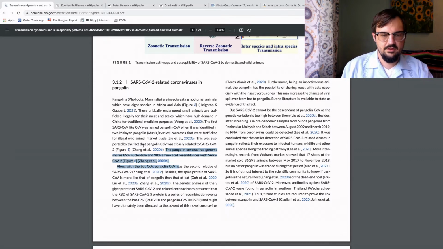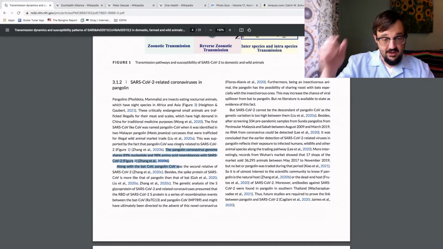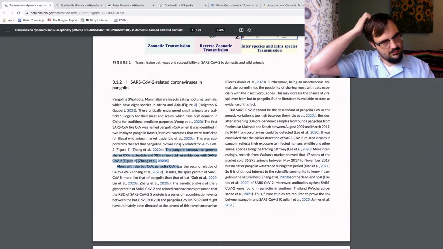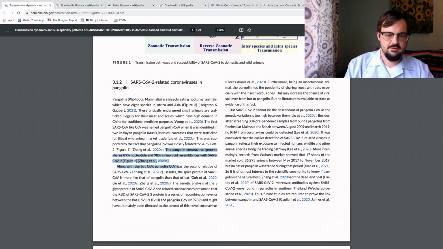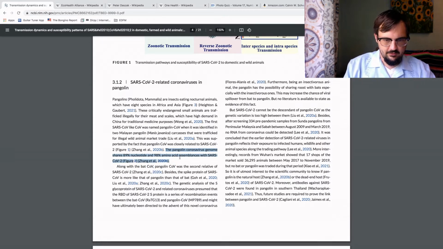Okay, so this is what the claim rests on, the fact that the genome is similar. They're not even saying that they get sick. They're not even saying that someone ate a pangolin and got sick. It's all based on this laboratory analysis, in silico, as it were. If you were interested, that's where that is coming from.